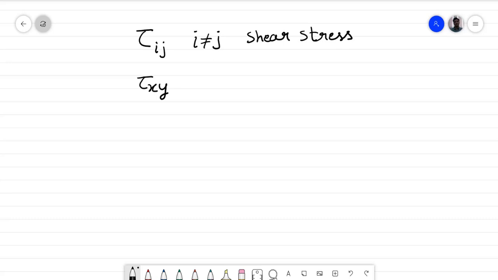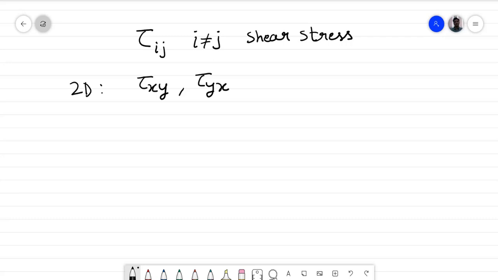In 2 dimensions, this is tau xy, and also tau yx. Later on we will see how these are related, tau xy and tau yx, but let us not go into that right now.